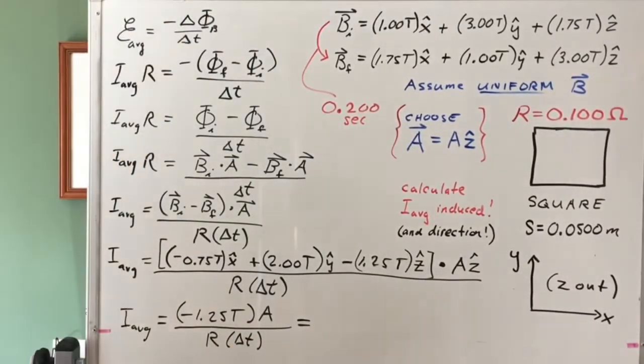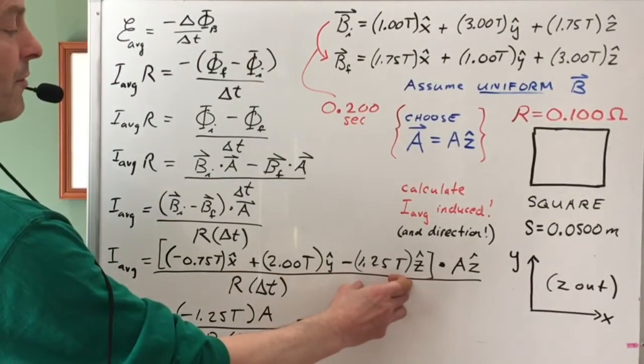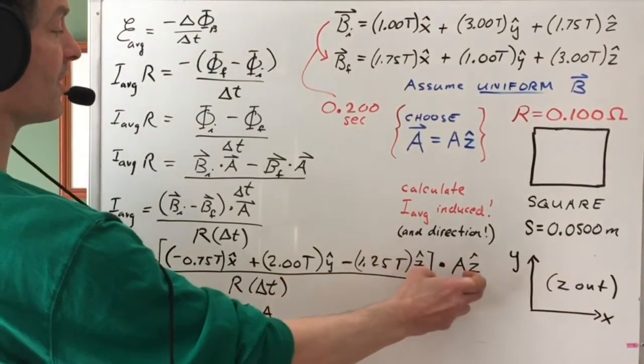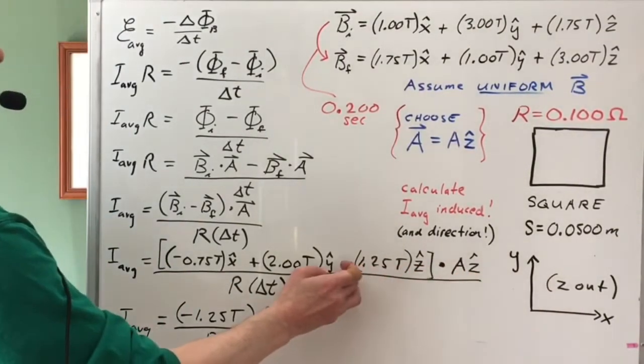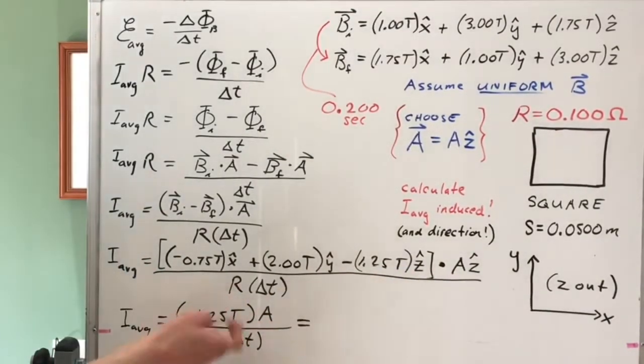All right, so all that comes out of this dot product right here, I've got minus 1.25 Tesla z hat dot A z hat. Z hat dot z hat is 1, so I'm left with minus 1.25 Teslas there, the A right there, and then my R delta t in the denominator.